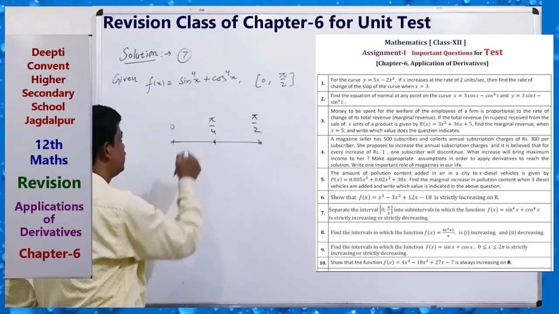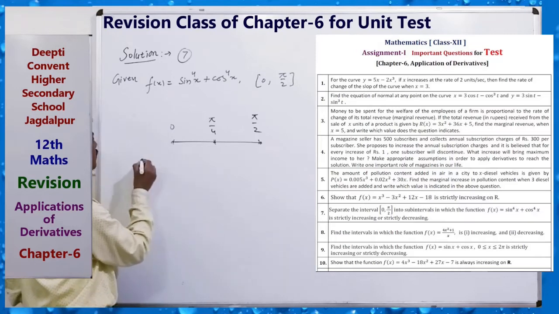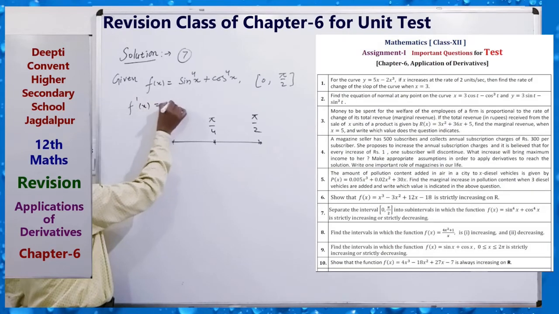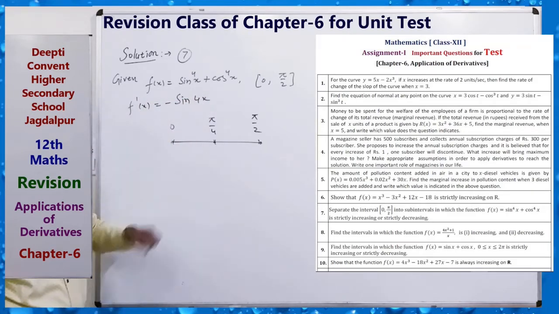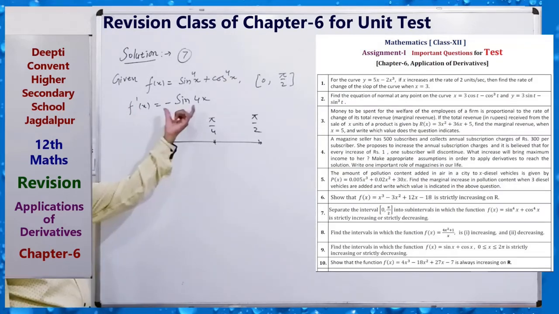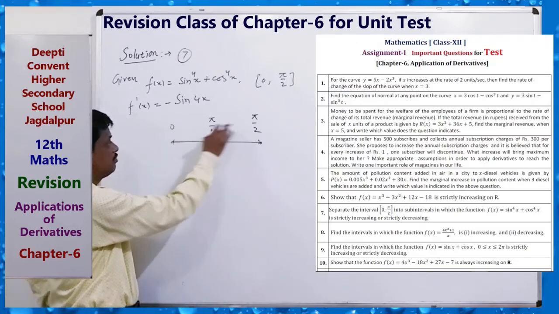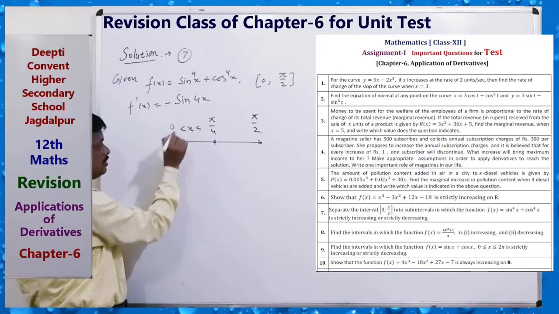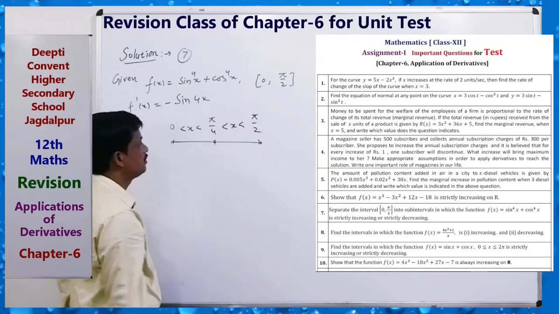For this, the derivative f dash x equals minus sin 4x, so we have to check the sign of minus sin 4x.